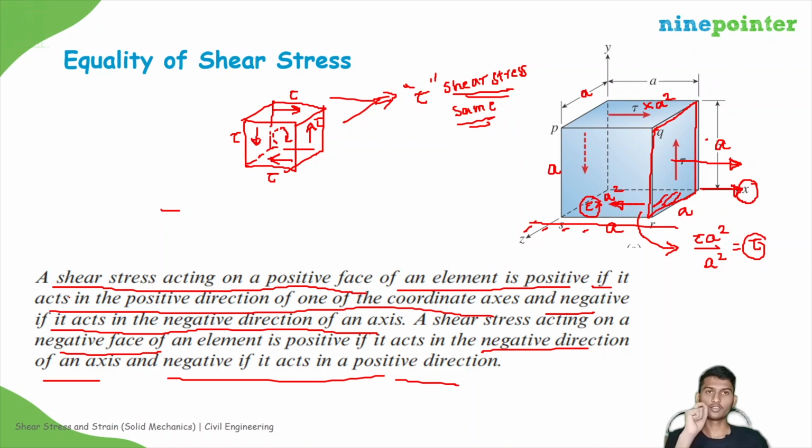So this is the sign convention for shear stress. If you see over here, this is y, this is x, this is z. Along the x direction, the rightmost one will be the positive surface. So this is the positive surface.